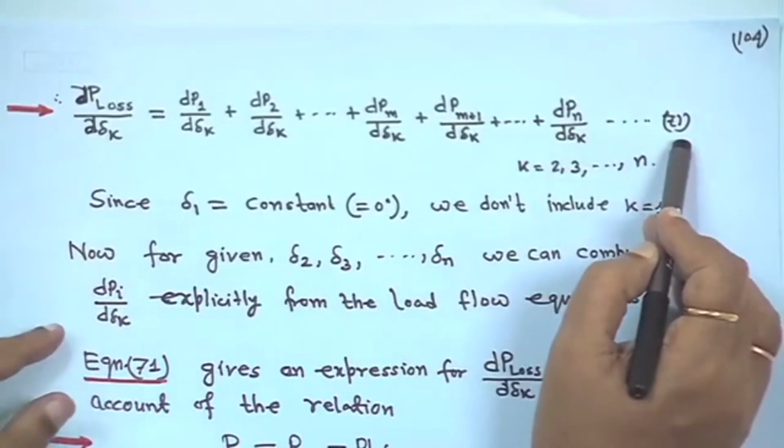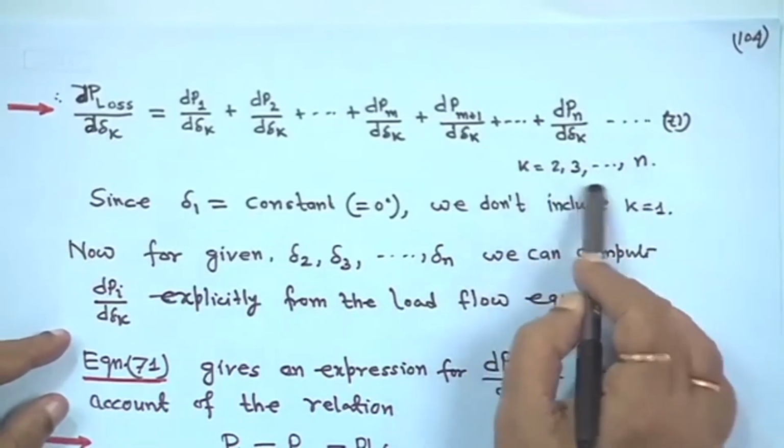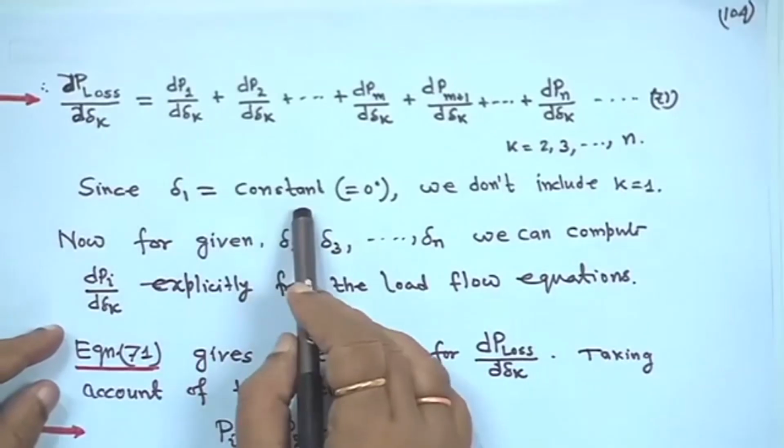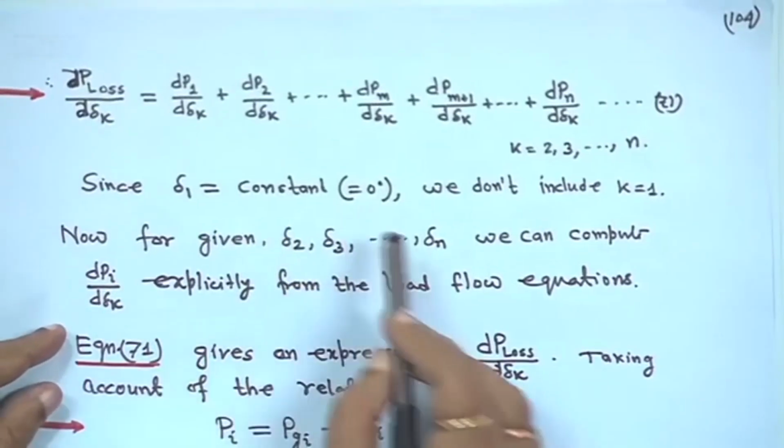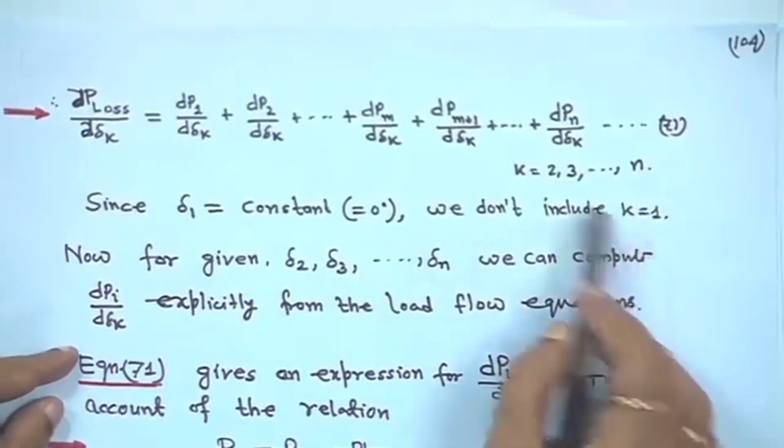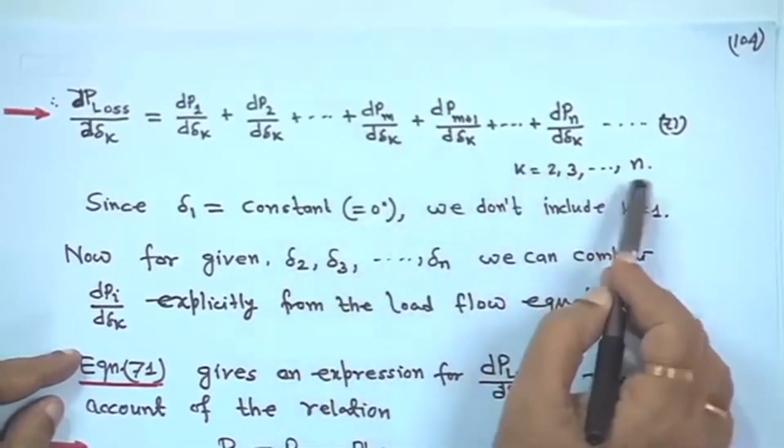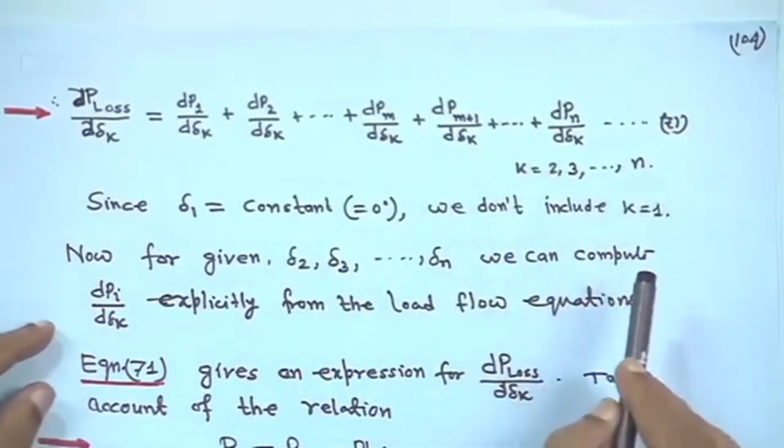This is equation 71. Here k is equal to 2, 3, up to n, because delta 1 is constant and equal to 0 degree, so we do not include k equal to 1.